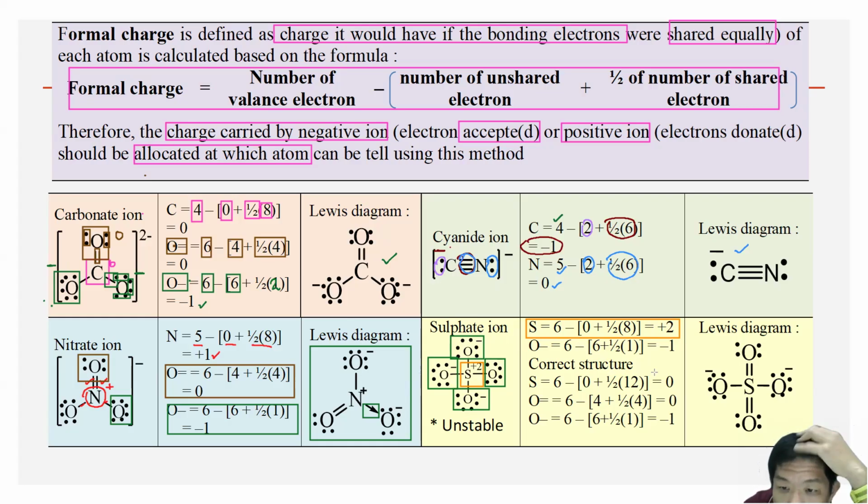So, the correct Lewis structure for the sulfate would be like this. So, when you have S double bond O, if you look closely at the center atom sulfur in here, sulfur is equal to 6 minus 0 plus half times 12. So you have 12 bonding electrons here. So you have 6. Therefore, formal charge is equal to 0.